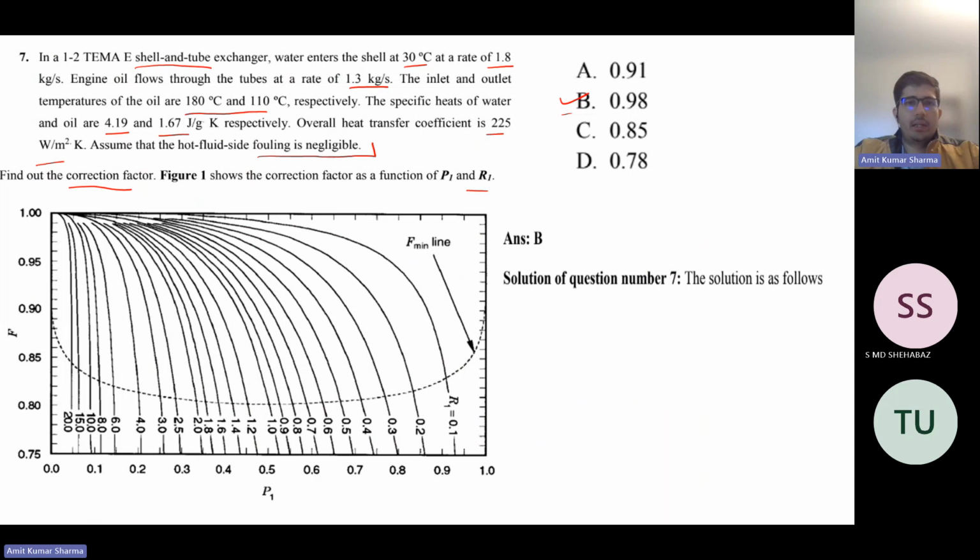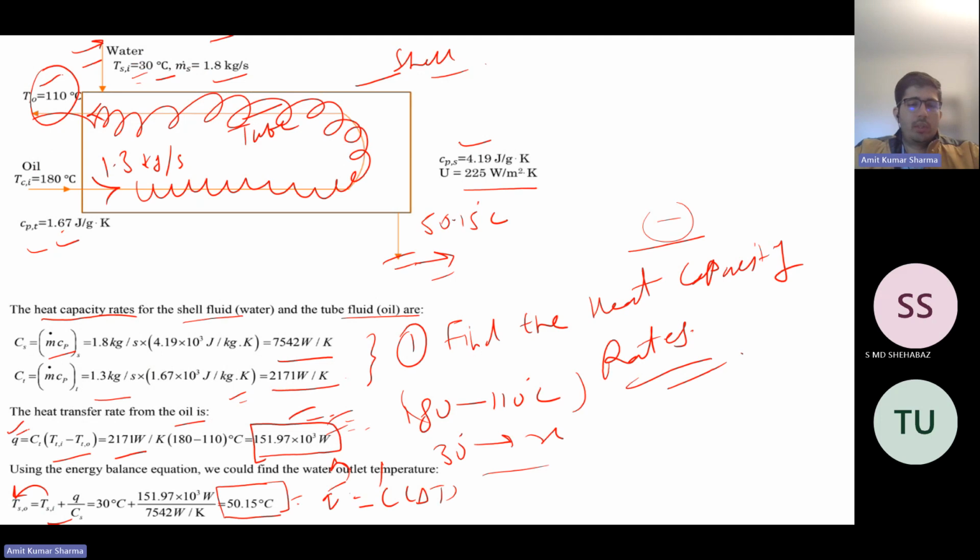So the question seems initially very difficult, but if you see the solution, it is very easy. You have to calculate the heat capacity rate, then heat transfer rate. Based on that, you have to calculate the outlet temperature of the water, or suppose if they have given the water outlet temperature, then maybe you have to calculate the oil outlet temperature.